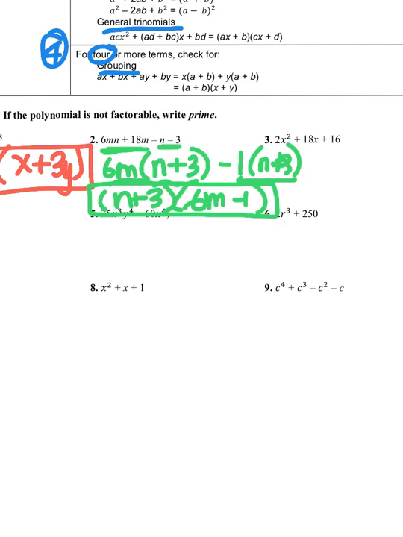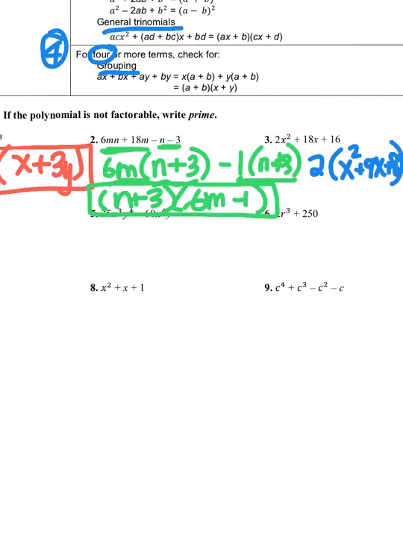Okay, and number three, I notice that there is a GCF there. So I'm going to pull out a 2 first, and I have x squared plus 9x, and squeezing in that 8 right there.